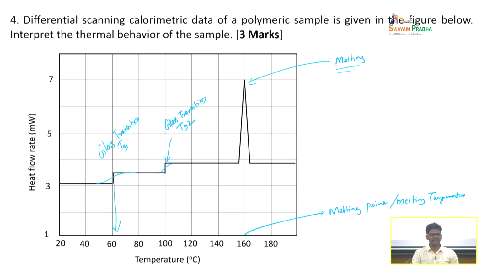Whereas melting involves absorption of heat, it is called a first order transition. There is a step change in the density, there is a step change in the enthalpy. So, you will see a peak in the DSC curve. Okay. So, you have to always look for sharp peaks versus very small step changes to differentiate between the Tg and melting point, and Tg is always lower than the melting point. Okay. So, that is the way you can interpret this particular DSC curve.